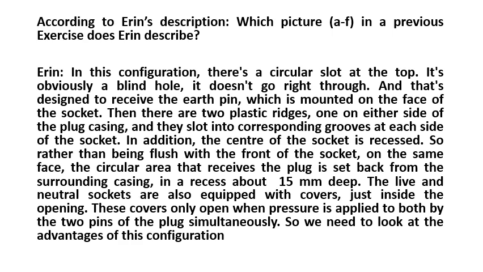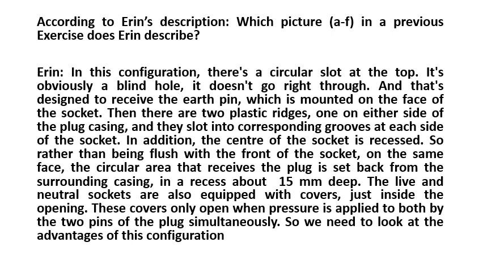the socket. Then there are 2 plastic ridges, one on either side of the plug casing, and they slot into corresponding grooves at each side of the socket. In addition, the center of the socket is recessed. So rather than being flush with the front of the socket on the same face, the circular area that receives the plug is set back from the surrounding casing in a recess about 15 mm deep.